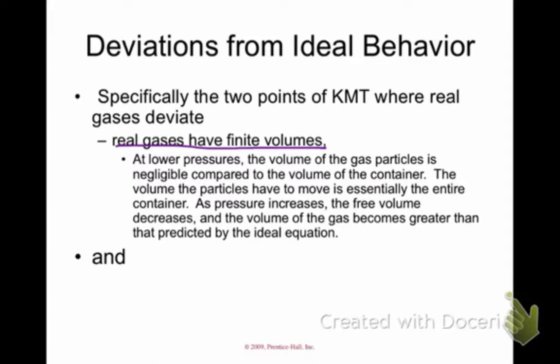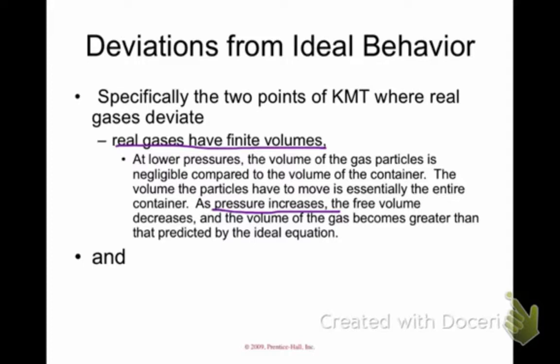Those particles move around the entire container, and because there are so few particles for that volume, it's like they have the entire volume to move in. As the pressure increases, you cut down on the volume between the particles. Now those particles don't have all that room, and the free volume decreases.